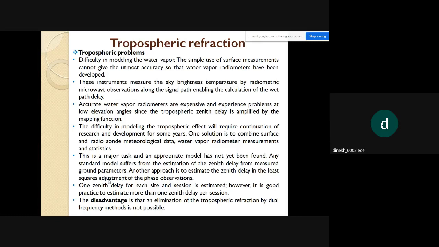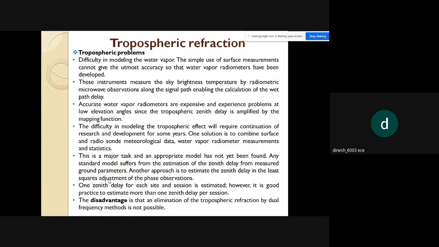All this gives us meteorological data on whether we have a good monsoon or a bad monsoon, on which date, and what type of waves and wind precipitation. We can analyze all those data by analyzing the tropospheric effects. It is a major task, and an appropriate model is still to be determined.